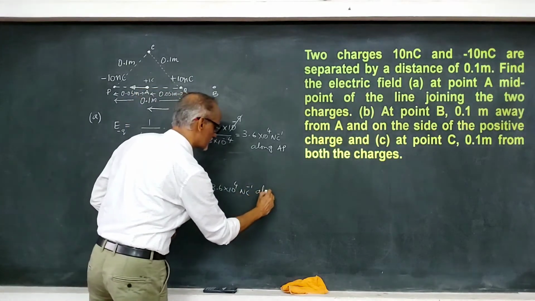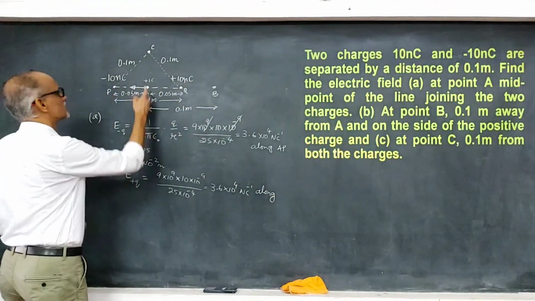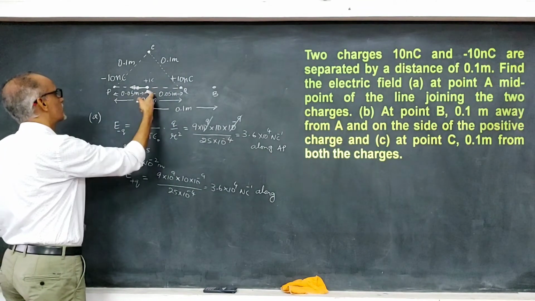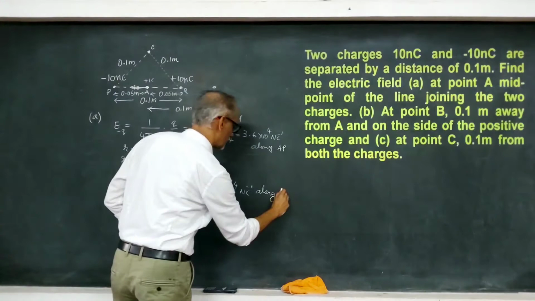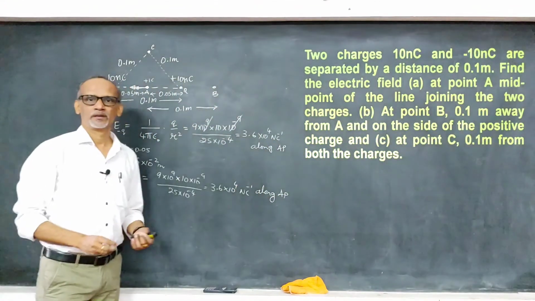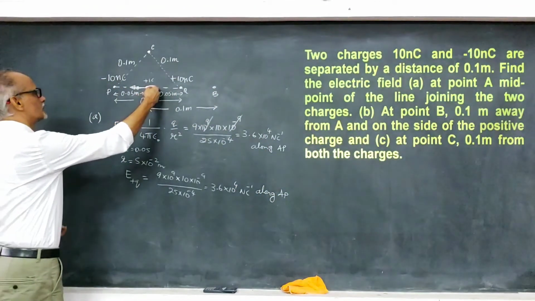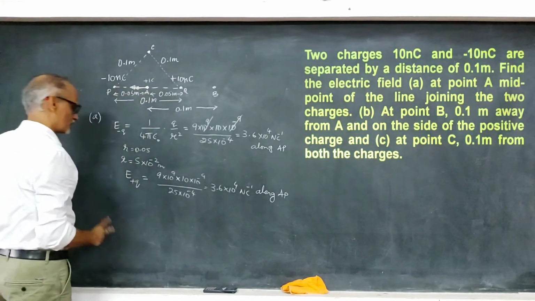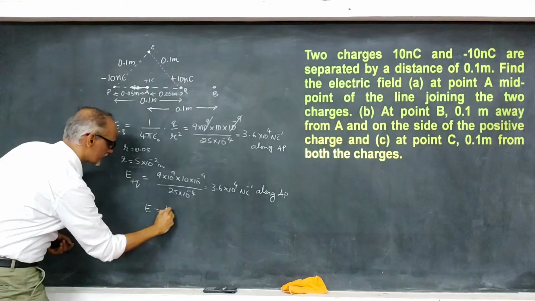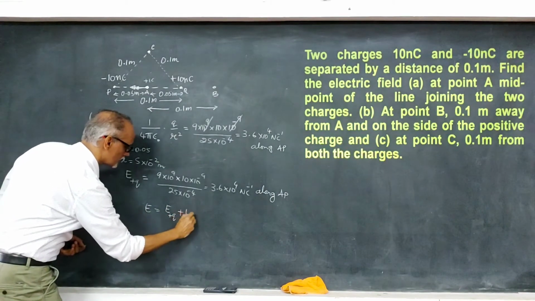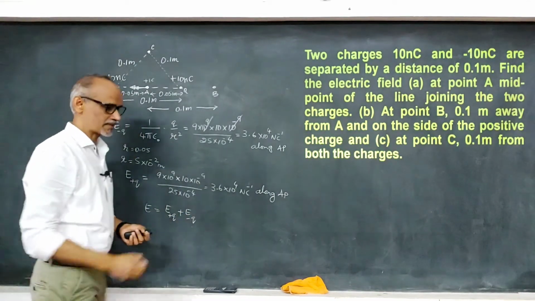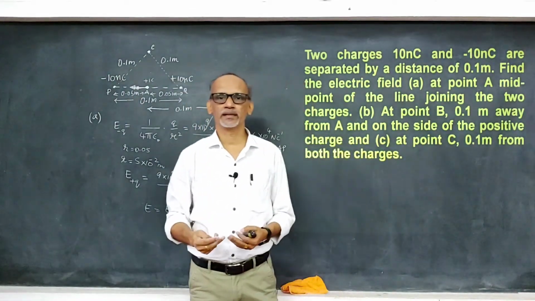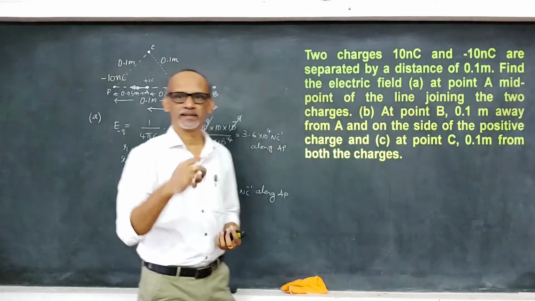And the direction of that: if I place plus 1 coulomb, plus repulsion, it will be in this direction. So it will also be along AP only. There are two vectors now, E plus Q and E minus Q. They are along the same direction. So therefore the resultant is obtained by adding, E plus Q plus E minus Q. Why does it get added? Because when two vectors are in the same direction, the resultant is P plus Q, when theta is 0.